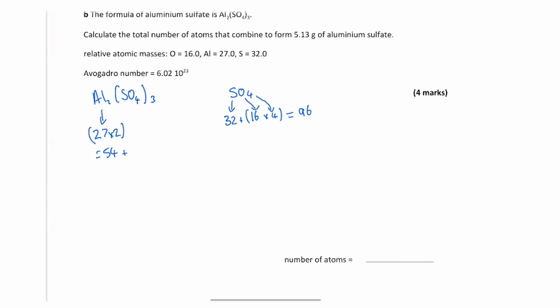So it's 54 plus 3 lots of sulfate, 3 times 96. So 96 times 3 gives us 288, plus 54 gives us 342. So that's our first mark there, working out that the mass of this is 342.